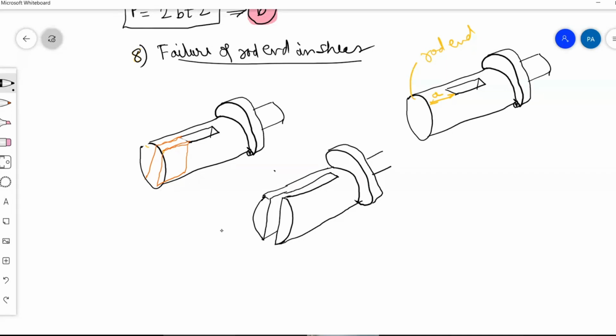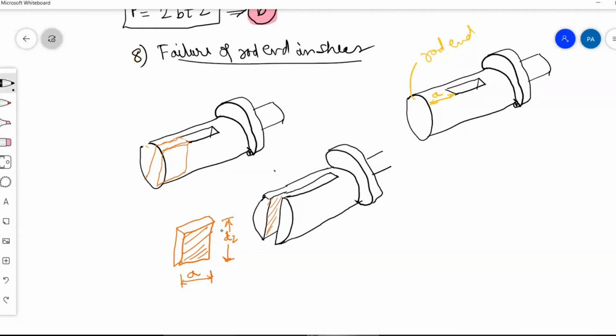Now this time the failure has happened from this side as well as from this side, and the part will come out like this. This dimension is A. This dimension is D2.